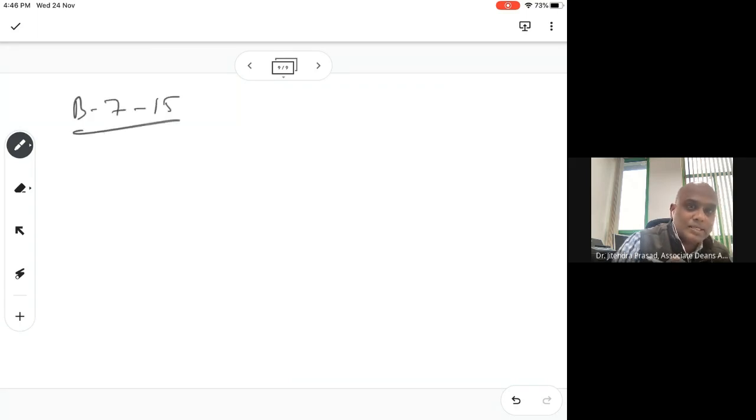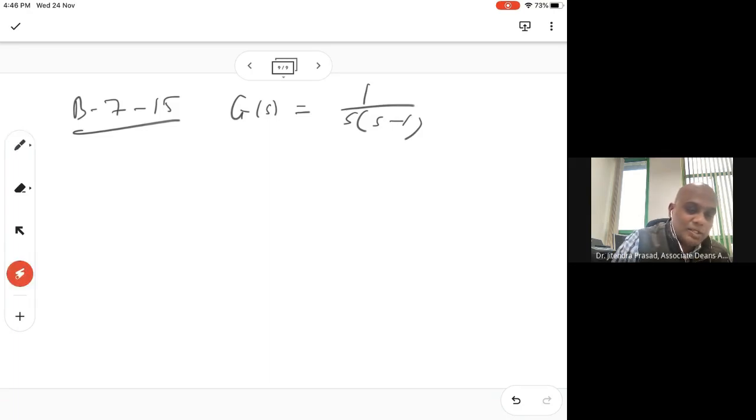What it says: consider the unity feedback system, in this case, GS equal to 1 over S minus 1. And what is the problem here? The problem is that at S equal to 0, this is not defined, right? So this will be infinity in that case.